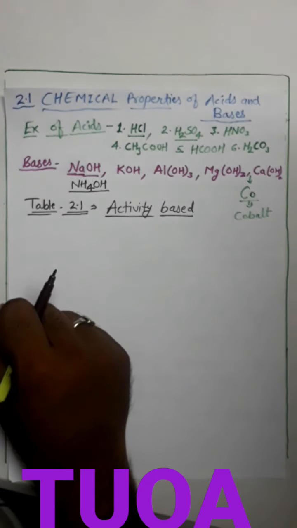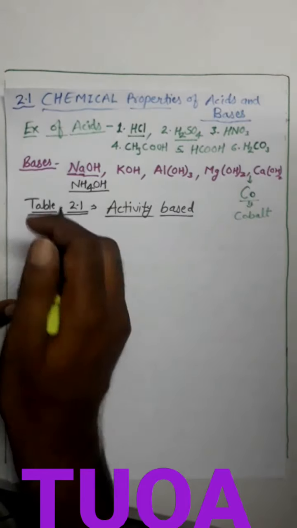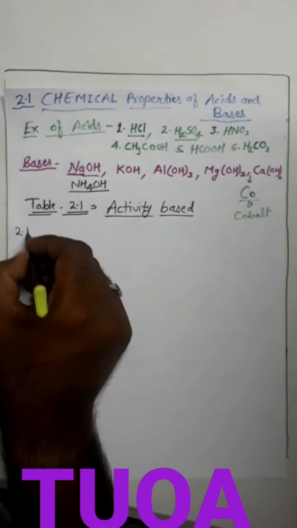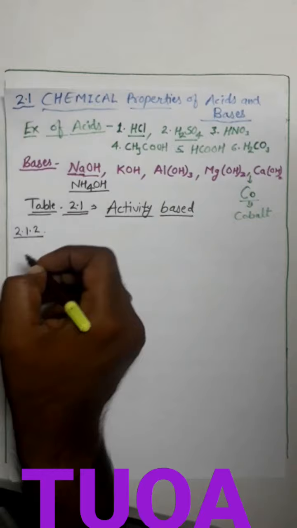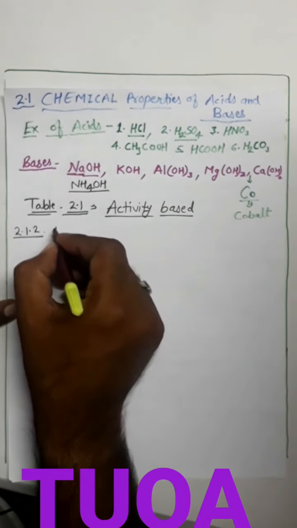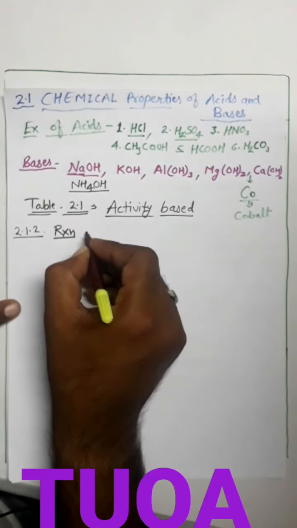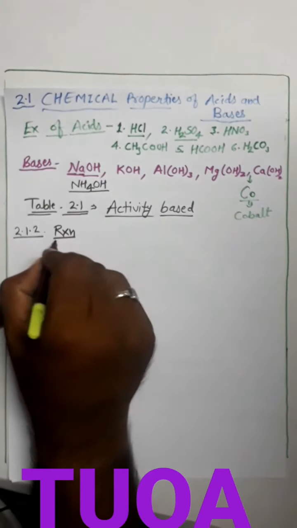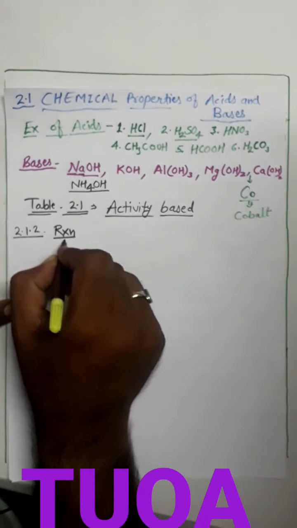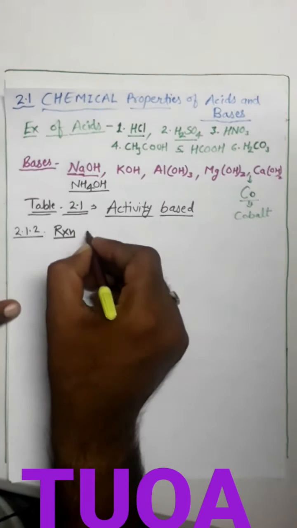Okay, after this one we have the next topic, 2.1.2, the reaction. Here I will be writing reaction in this way, RXN. The term reaction I will be using in this way, RXN.